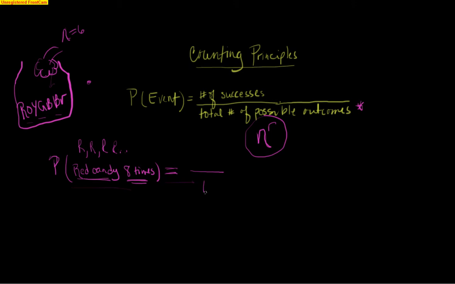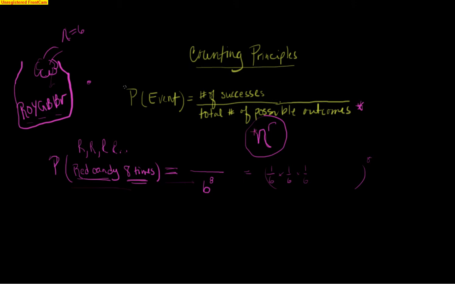And we are going to take it out 8 times. So this becomes 6 to the power of 8, right? That would be the same thing if we did 1/6 times 1/6 times 1/6, all the way 8 times, okay? That is when we would use this one.